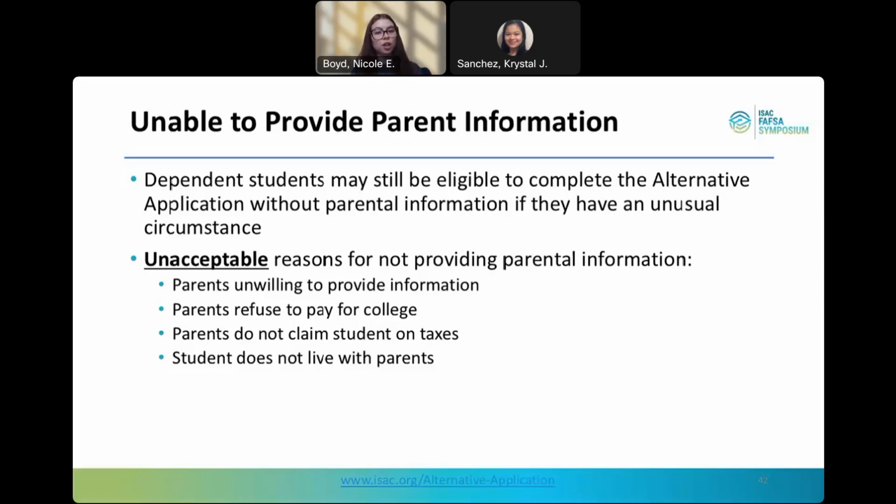Parents not claiming the student on their taxes, usually that is just a misconception because of the dependency language that is used, or if the student doesn't live with their parents just because they're of age and they want some more independence, maybe they're 19, 20 and they want to go get an apartment. The difference would be if they are fleeing an abusive situation and that's why they don't live with their parents. So there may be a little bit of digging around that you have to do to understand whether that would be an unusual circumstance or not.